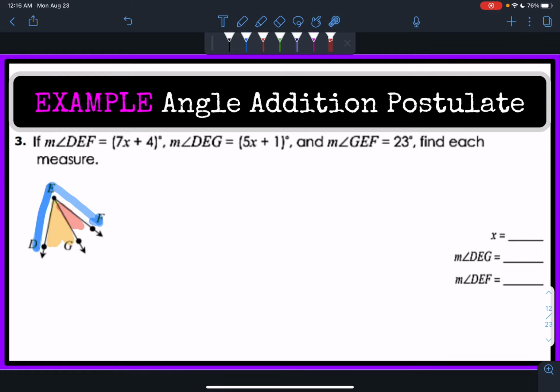When it's split up by this ray from E to G. So if G is in the interior, I can add the orange angle with the red angle to create that blue angle.